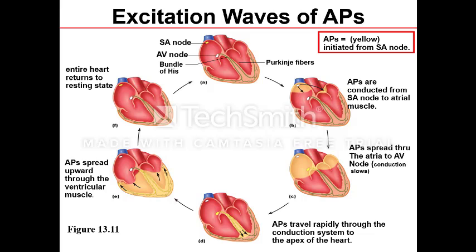The action potential in the heart muscle is illustrated here. It's highlighted in yellow in all examples in this circular diagram. This is indicating the cardiac cycle, with us just focusing on the electrical potentiation of the heart.